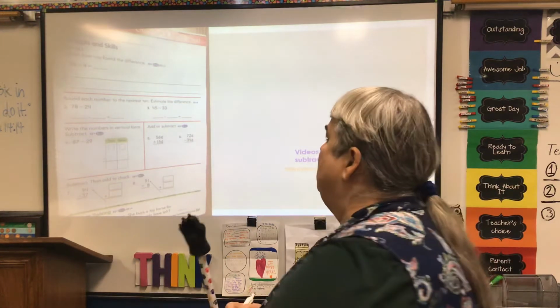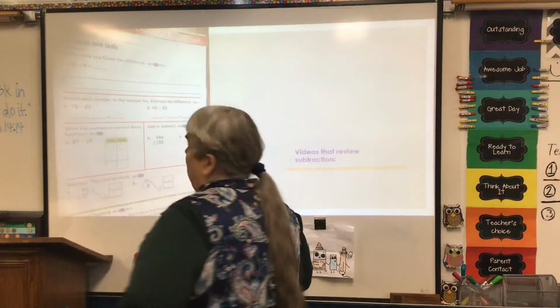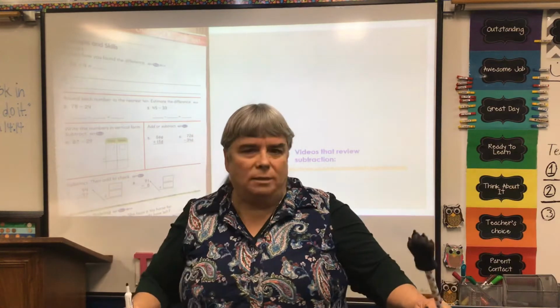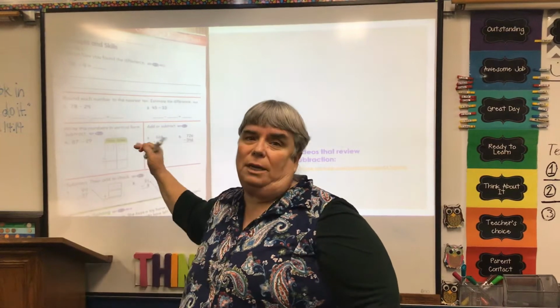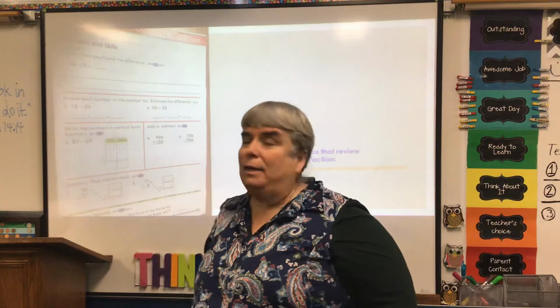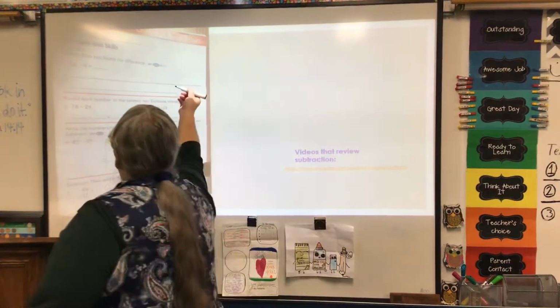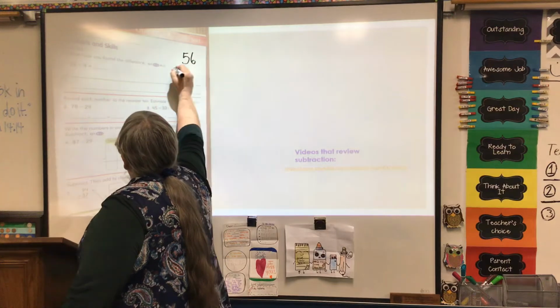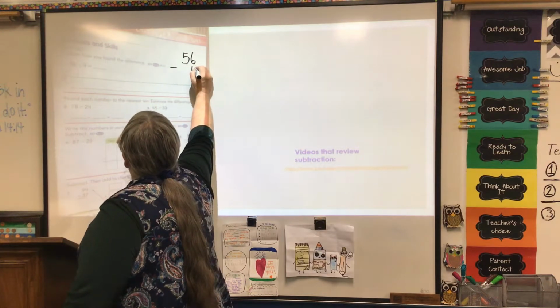So what I'm going to do, you can decide how you're going to subtract that first one. Pause the video and go ahead and do it. 3, 2, 1, pause. Okay, I'm back. So I chose to do it 56 subtract 4.